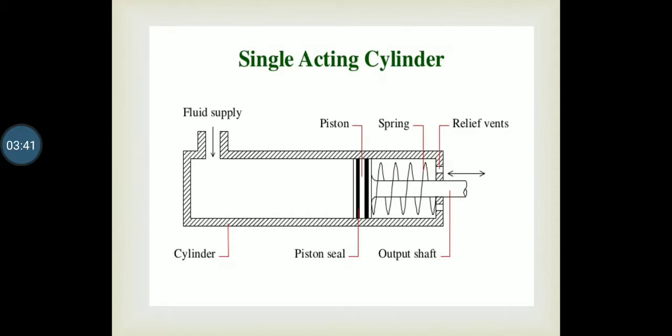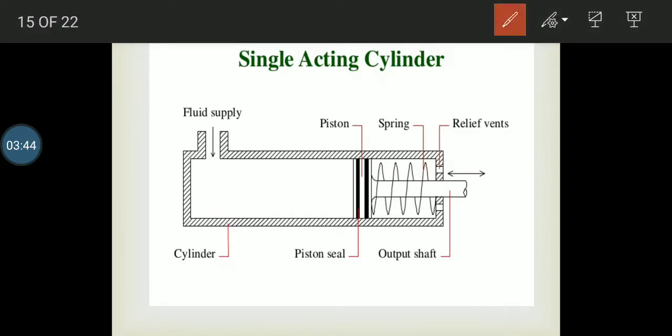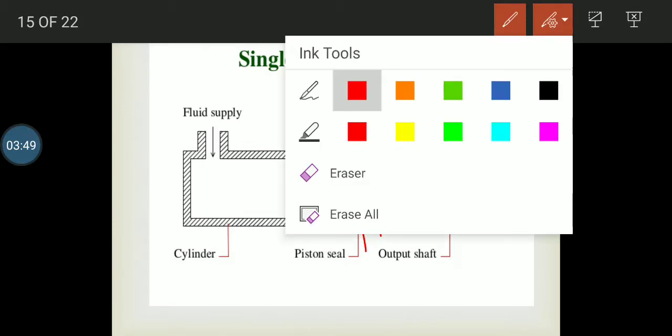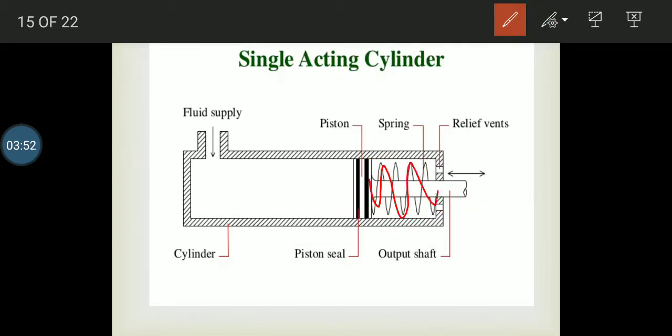Talking about the single acting cylinder, this is the first type of actuator. A single acting cylinder has a piston attached to a spring. Okay. When the fluid supply takes place, this piston will move in the backward direction, compressing the spring.